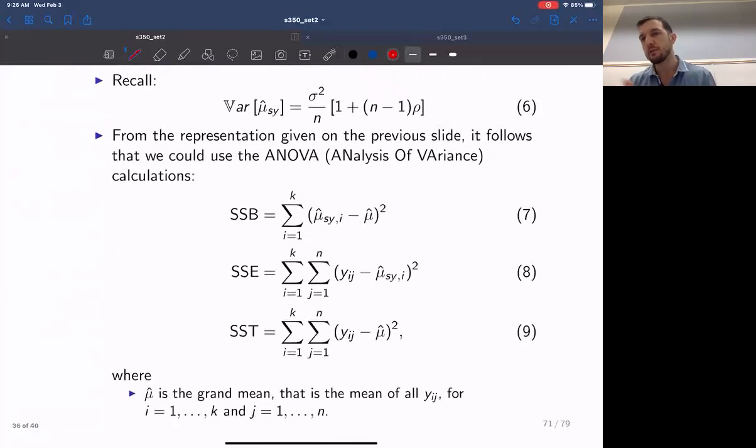Given the layout of the data on the previous slide, we can formally write that the between sum of squares is the squared difference between each systematic mean and the overall mean, the within sum of squares is the squared difference between each observation in its systematic sample and its corresponding mean, and the total sum of squares is the squared difference between each observation and the grand mean of the entire experiment.